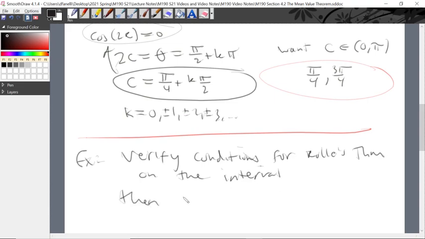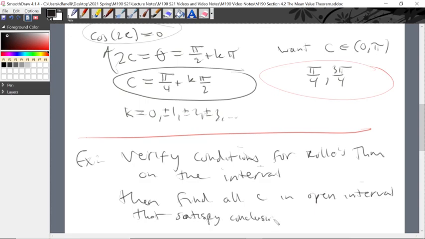Then find all values of c inside of the open interval that satisfy the conclusion of Rolle's theorem.